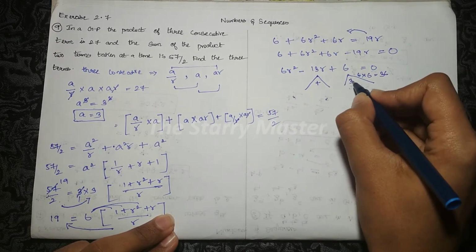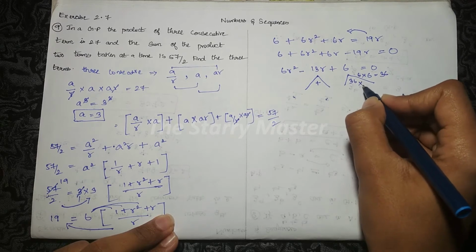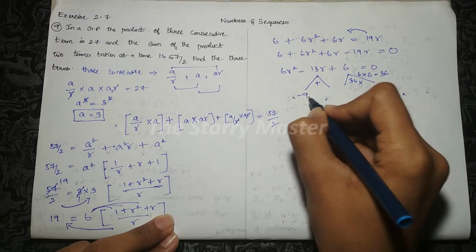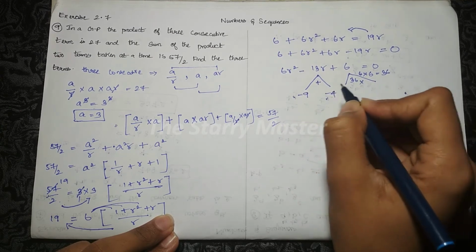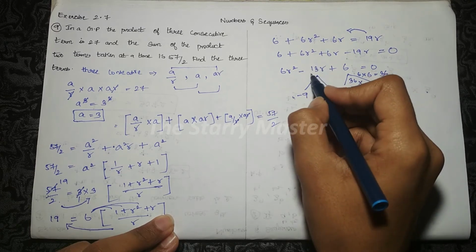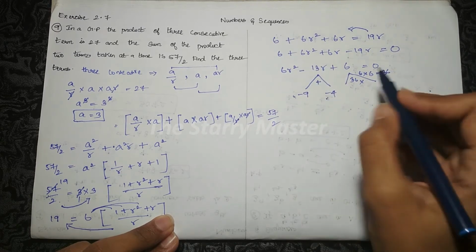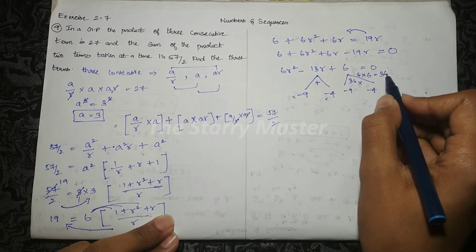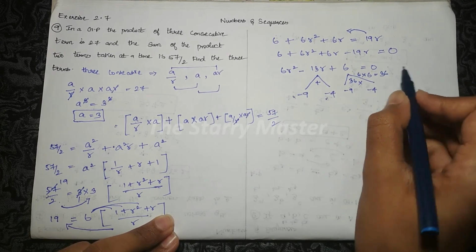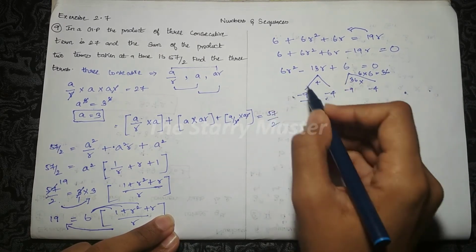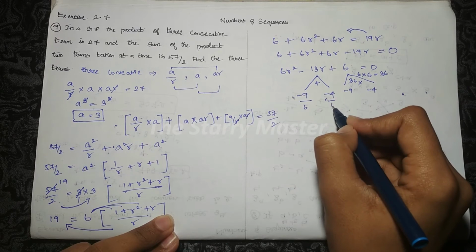The numbers are minus 9 and minus 4. Minus 9 minus 4 added gives minus 13, and minus 9 into minus 4, minus into minus is plus, 9 fours are 36. Then we have 6 here, so we will divide by 6.